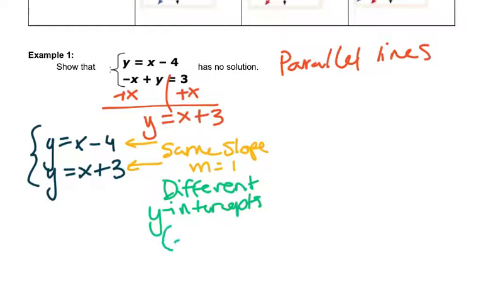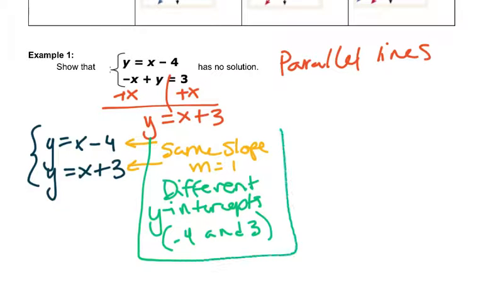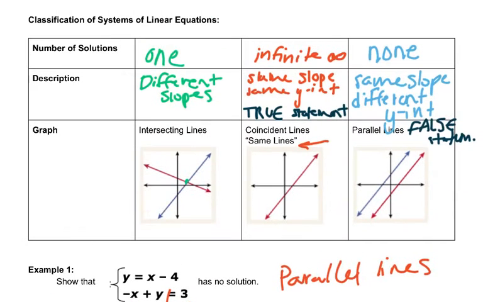One of them is -4, and the other one is 3. Alright, and so from this statement, we can conclude that we have a parallel line system.